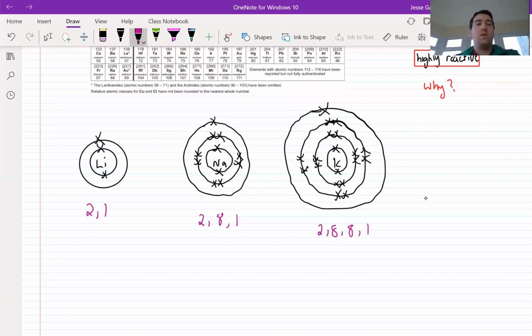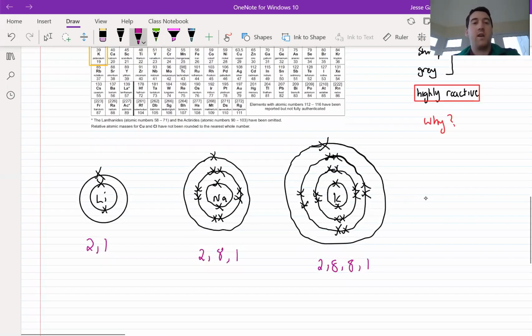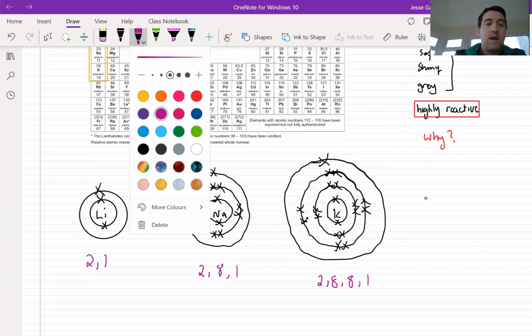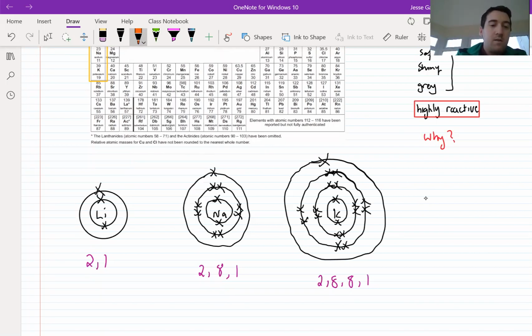You may have noticed a pattern here, that all of these elements end in a 1. Now, what does that tell us?